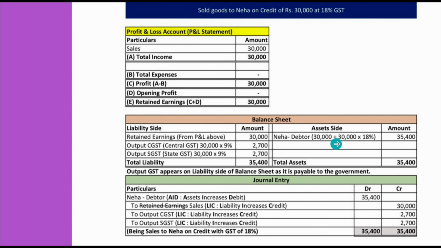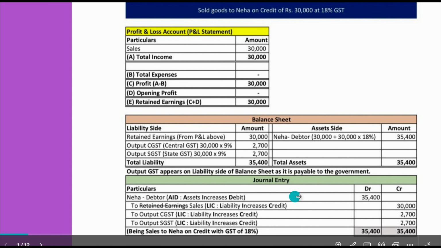Now Neha debtor appears on the balance sheet asset side to the extent of 35,400. So Neha debtor will be debited 35,400 based on the rule of AID, that is assets increases debit, 35,400. At the same time, retained earning is increasing. So the rule is LIC, that is liability increases credit to the extent of 30,000.